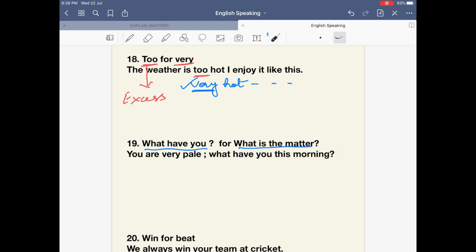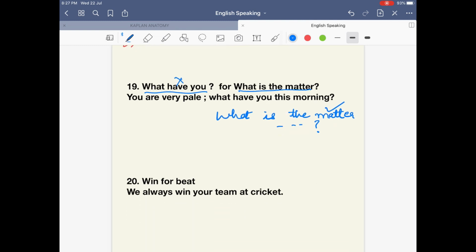"What have you" is used to inquire about what one has, and not in what condition one is. This is talking about a condition, a health condition. So what should it be? "You are very pale. What is the matter with you this morning?" This is the right one. "What have you" is not the right one.